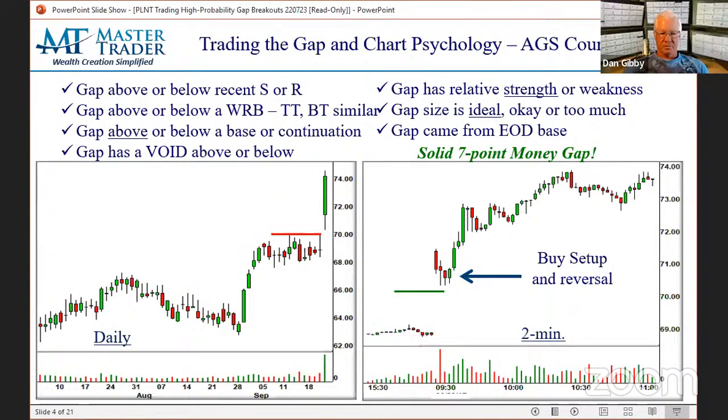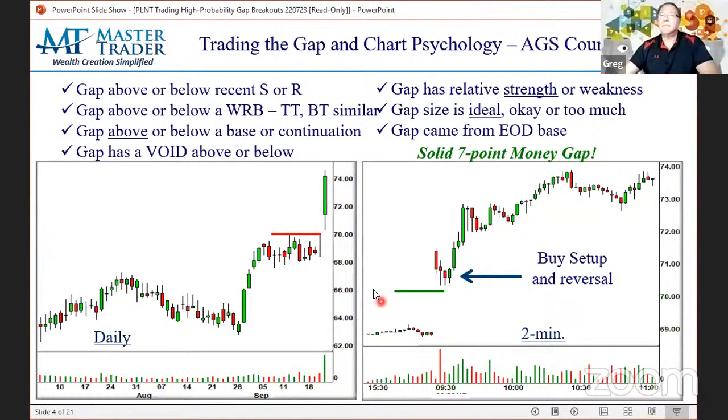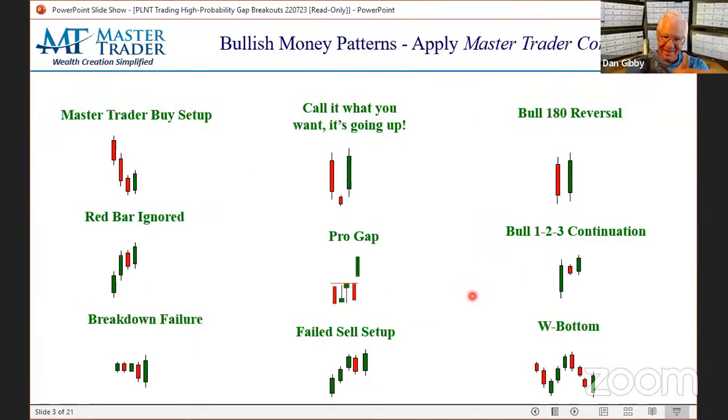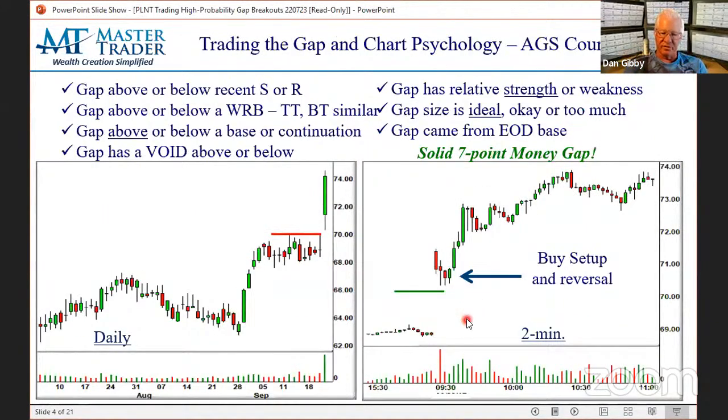Yep. Just two things to add to that. Number one is, because these are on our tier one gap list, as I call it, I put them in a 5-minute thumbnail at the open. And I think Greg has a 2-minute here, 2 or 5, however aggressive you want to get on board. But I'm looking for any bullish pattern on the intraday time frame to trade that bullish daily pro gap.